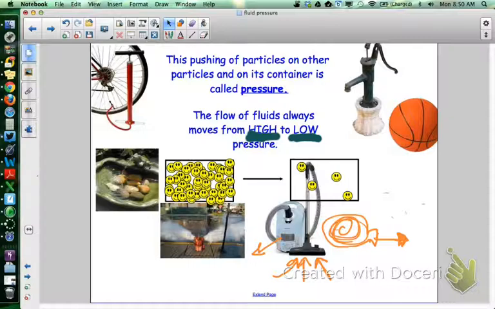So a vacuum is just simply movement of fluids. And so you actually just have a lack of pressure. That's all that really means. And so same thing with this. You have the pressure of the air pushing into the bike pump, and so you have this bike pump, and it pushes the air into the tire.